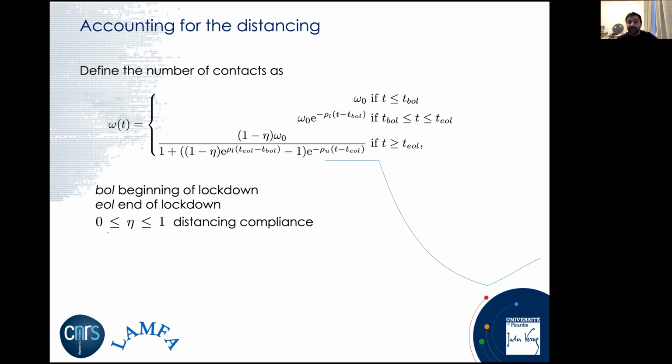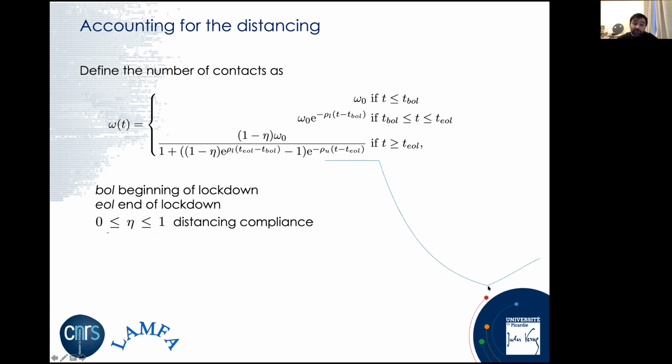People will not accept to be locked, and also because some people will not be locked. So we first put an exponential decay of the number of contacts. And lockdown is assumed to, at the end, have no more contact.